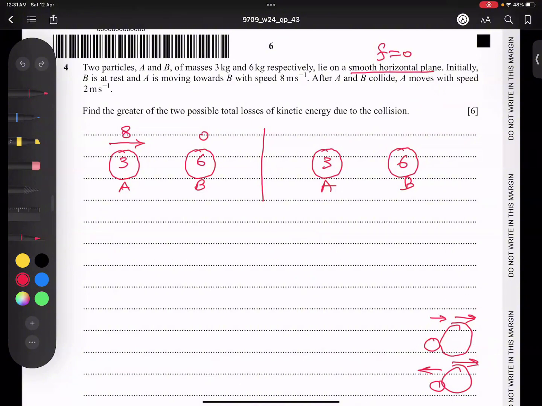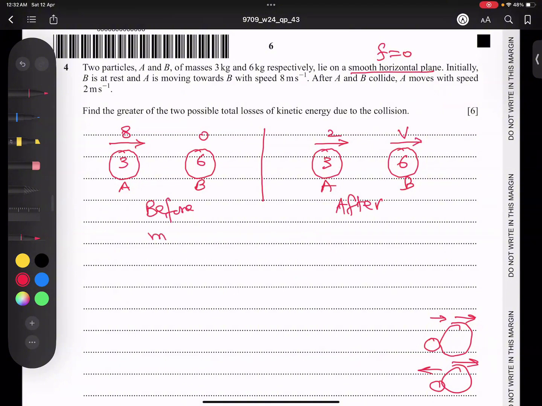So let's start. First, I plan that the speed of A after collision is 2, and the speed of B is what I want to find. So this is before and this is after. This diagram is very important.